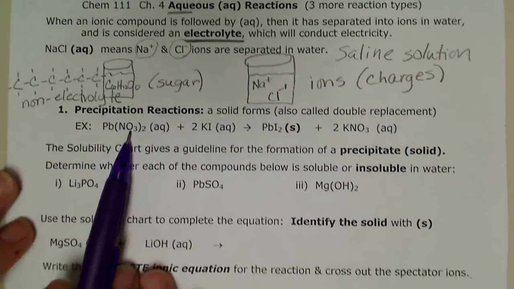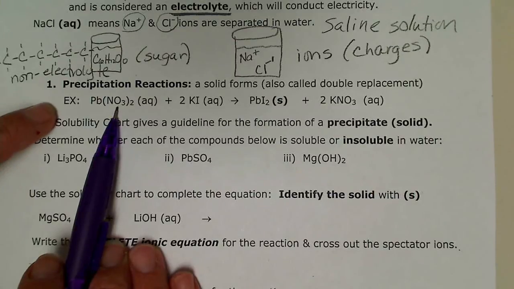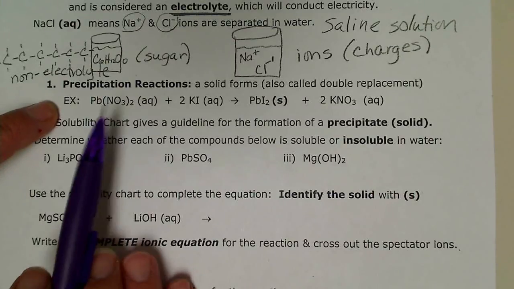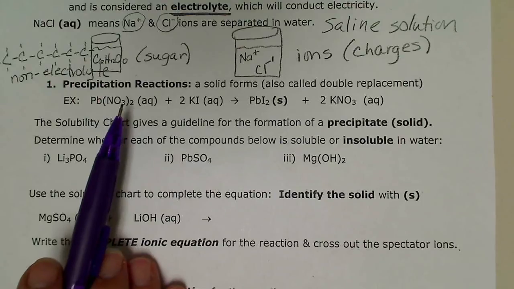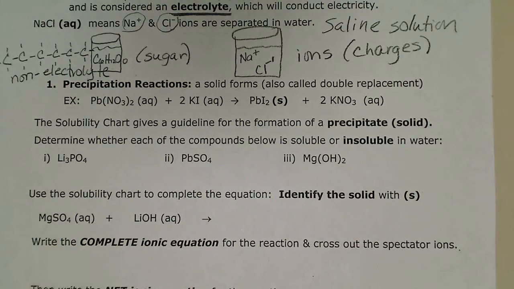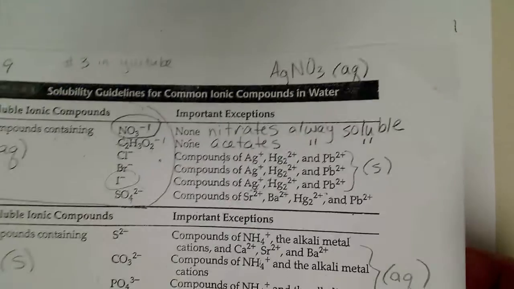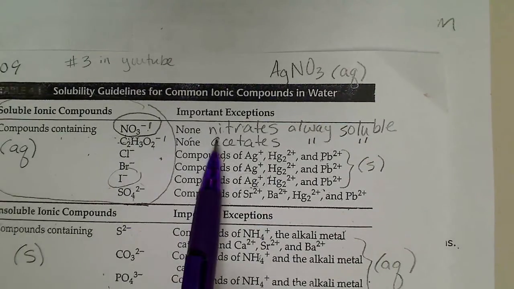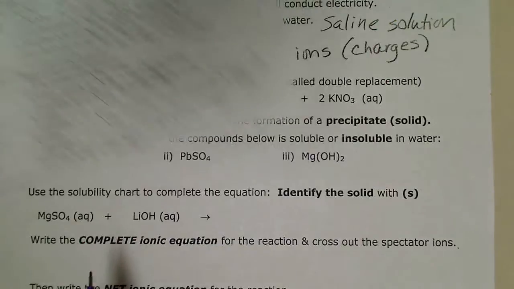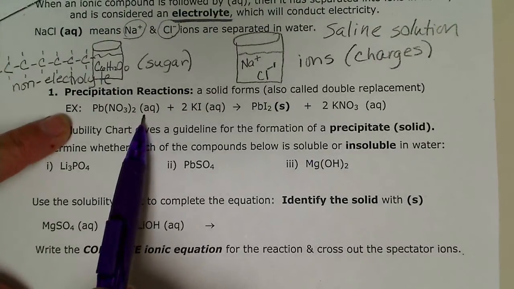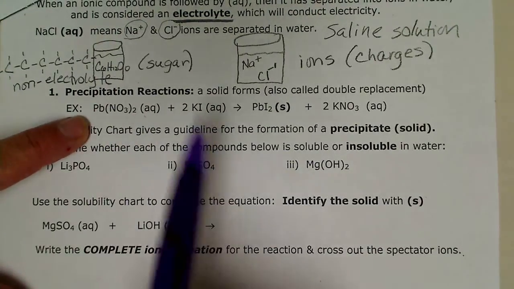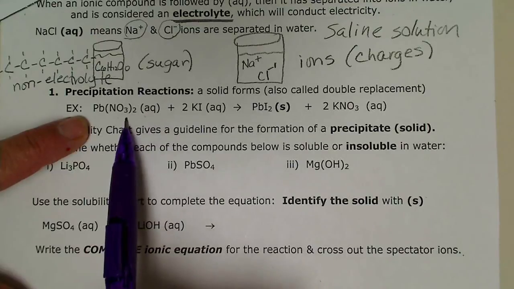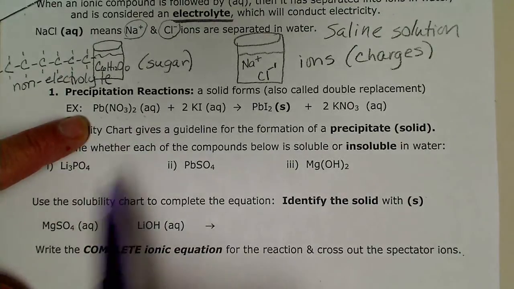Another precipitation reaction that our textbook shows us is lead nitrate. And from the previous video, when we looked at the solubility chart, I said it was a great idea to remember that nitrates are always soluble. So lead nitrate, or lead(II) nitrate, is going to break apart and have 2 nitrates for every lead ion.